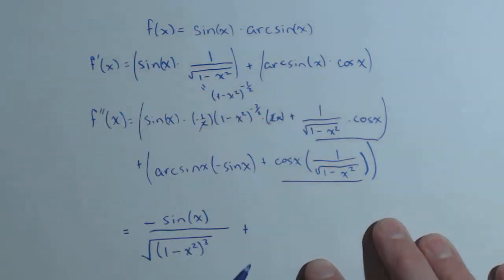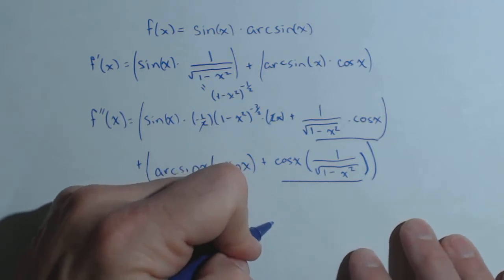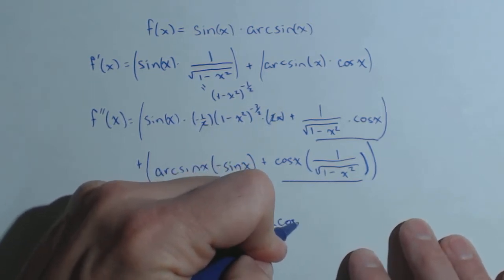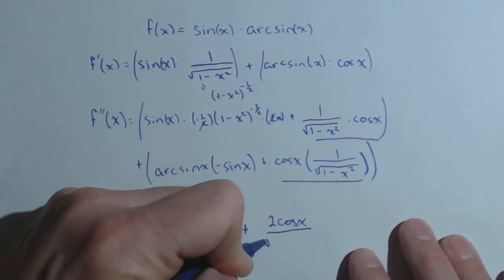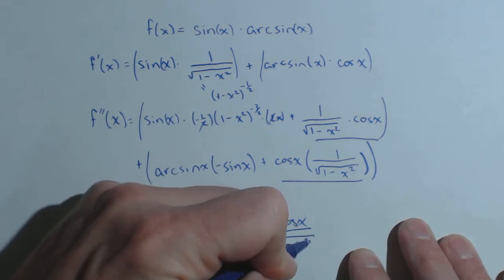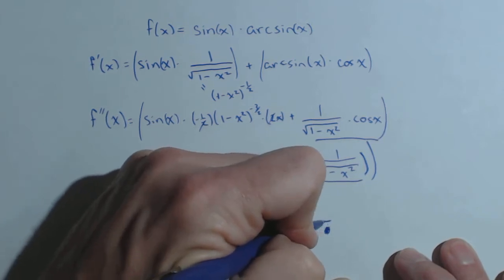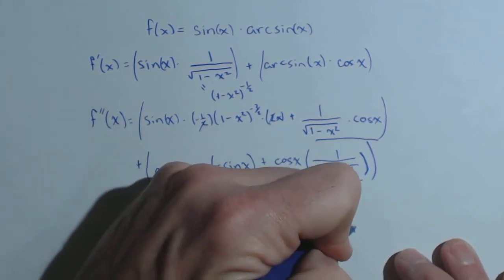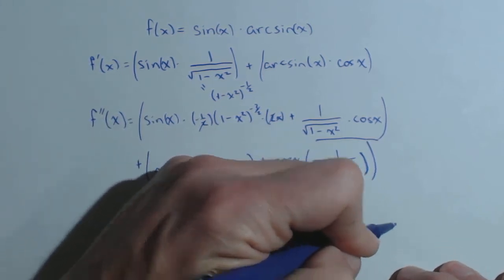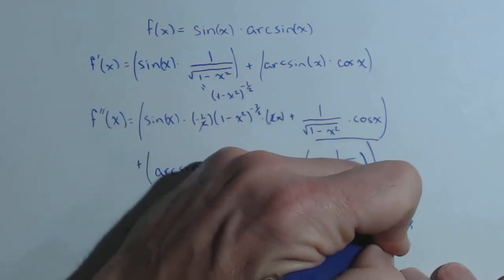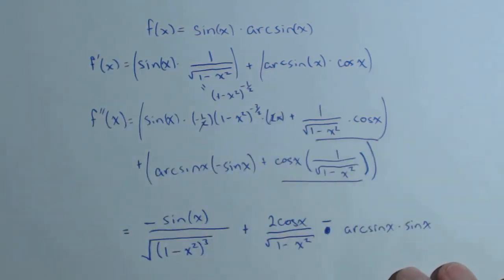We're going to have 2 of these terms here, so plus 2 cosine of x over the square root of 1 minus x squared. And finally this term here, minus arcsine of x times sine of x. So that's about as simplified as we're going to get there.